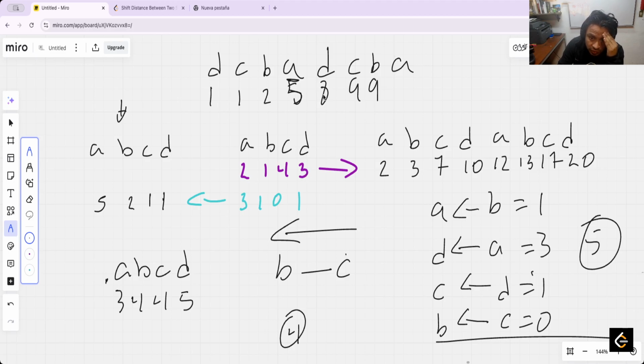Is 5 plus 3 is 8, 8 plus 0 here is 8, 8 plus 1 is 9, and 9 plus 3 is 12.